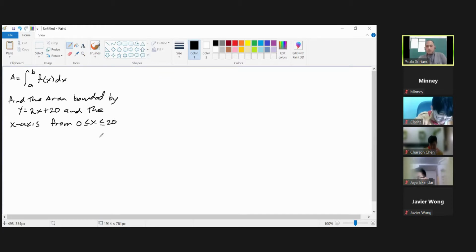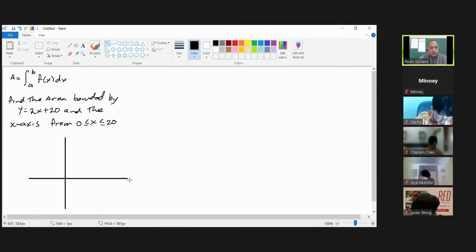To understand this, at least to have a visual understanding of it, I would suggest that you graph. You can use any graphing method that you can think of that will make your life easier.